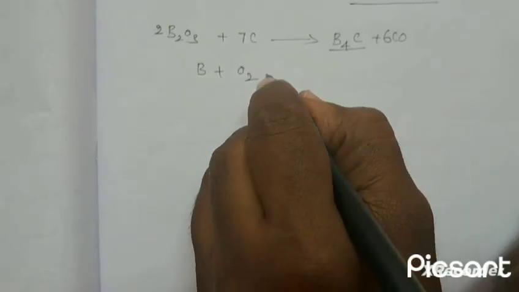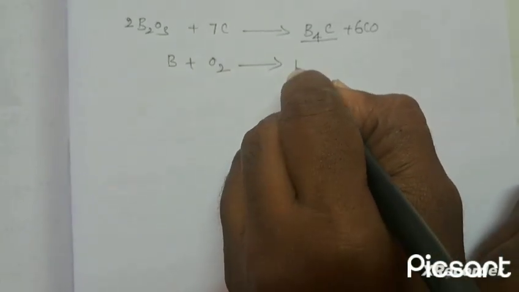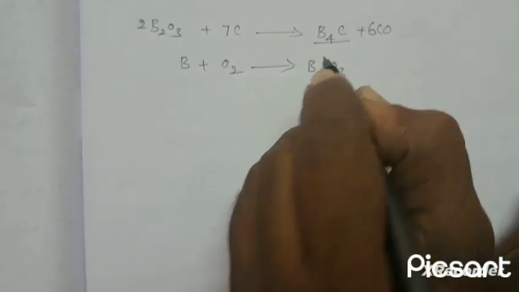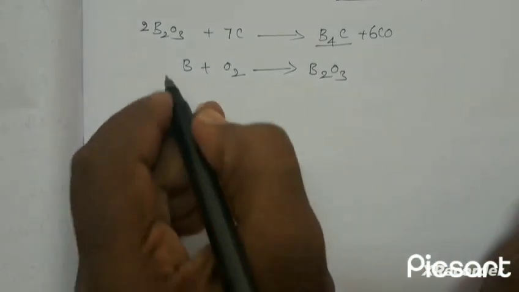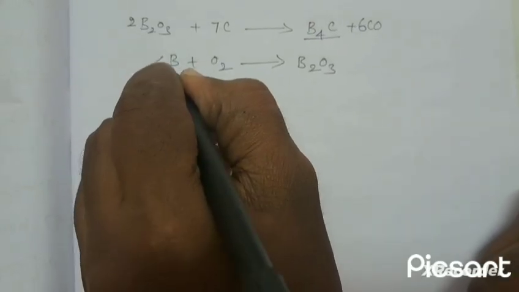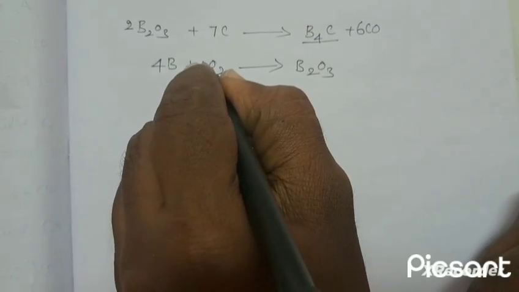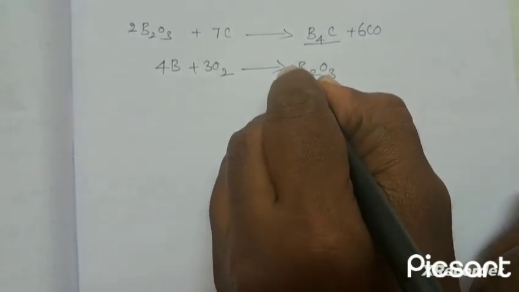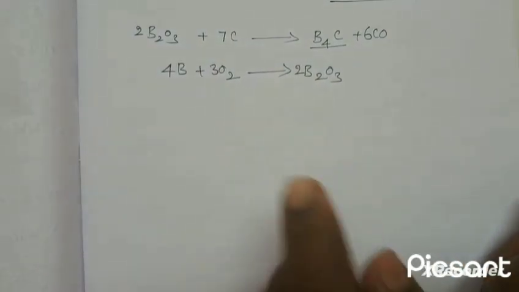Boron reacts with oxygen to give B2O3. This is called boron oxide, and here the equation can be balanced by taking 4B and 3O2, giving 2B2O3.